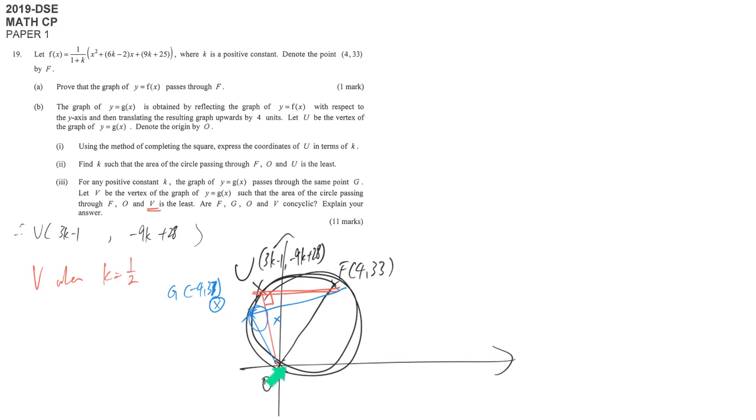Or in other words, because you know that OF is the diameter of this smallest circle, then you may find out the midpoint, which is the center, and also find out the radius. And then you find the equation of the circle, and test whether this point lies on the graph. But of course, the first method is most straightforward.